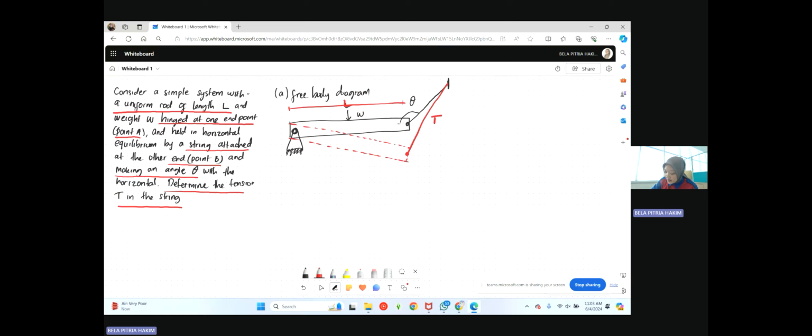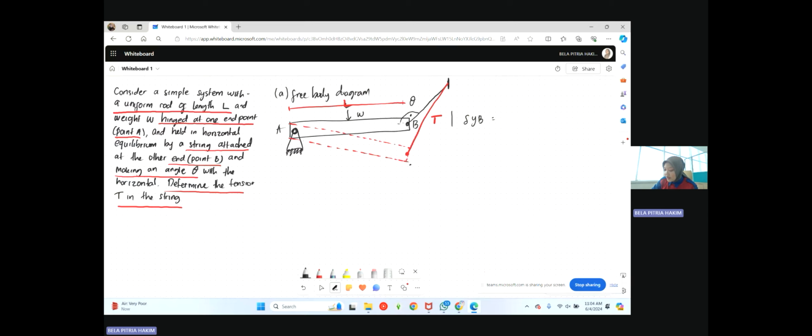If you realize, because it's point A and point B, there is a displacement on B. From here, it moves to here, so it happens on Y, and there is a displacement on Y at point B.